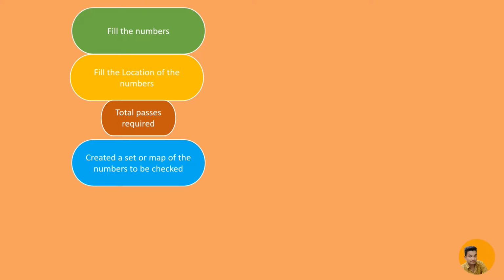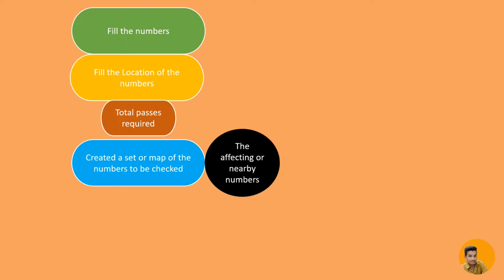Next we will create a set or map of the numbers to be checked. These are just the numbers which are affected when the swapping is done.